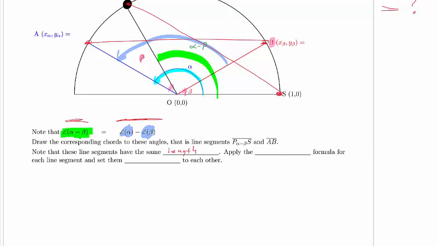Now we're going to apply the distance formula. Remember the distance formula is just another expression of the Pythagorean theorem. For each line segment, we set them equal to each other, which we can do because of what we have going on up here.